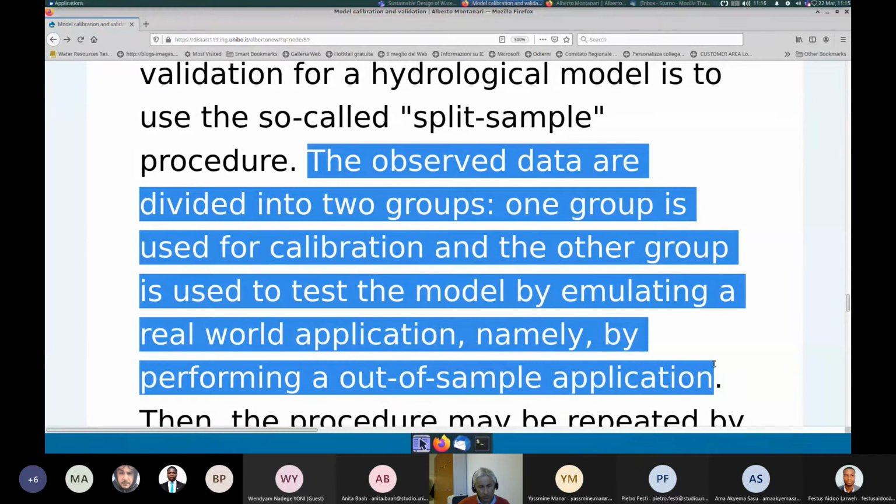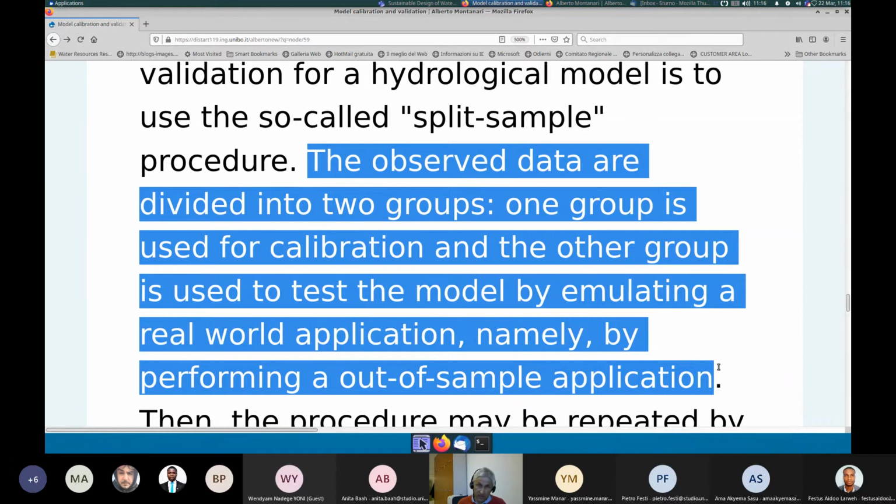Okay? And of course, there is a disadvantage here. Please try to be concentrated on this discussion, because it's extremely important for both the exam and technical application. So what is the advantage of validation?